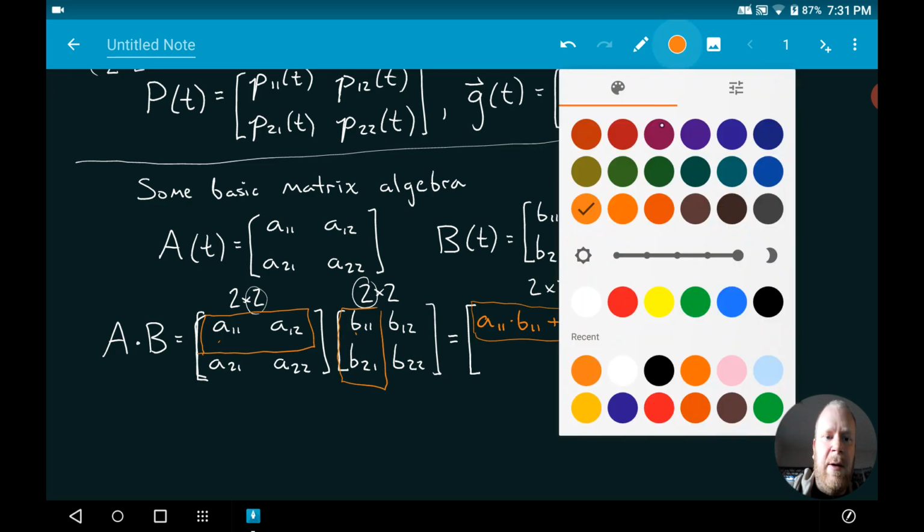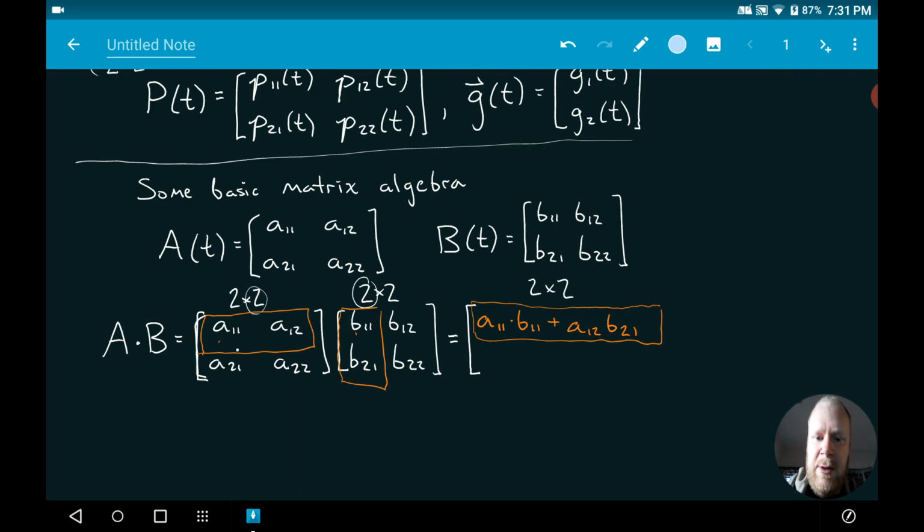And I'll do one other term here, so let's say this one down below here. So that one's going to be the second row, so I'll use these terms here. And it's still in the first column, right? We're going to have two more entries over there, so I'm still using the first column here.